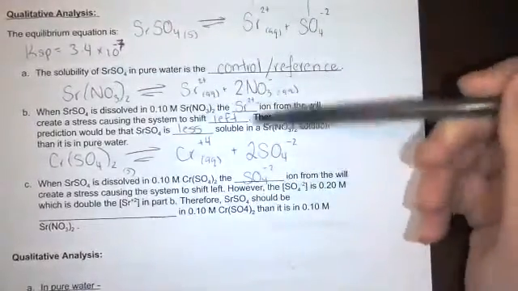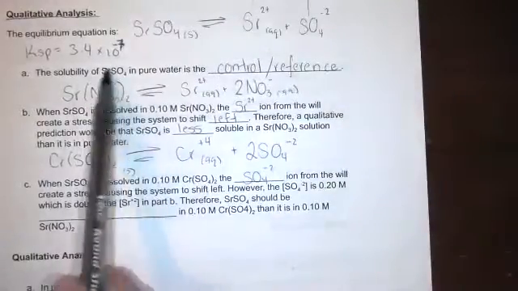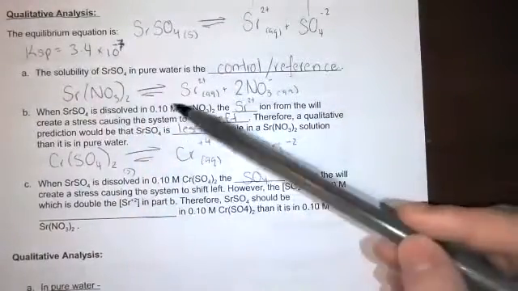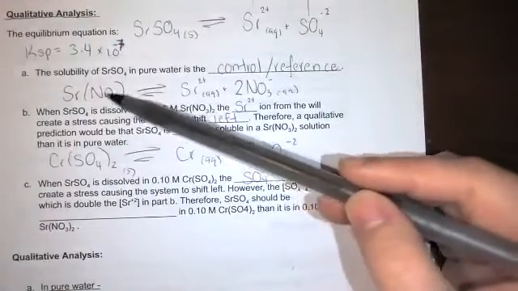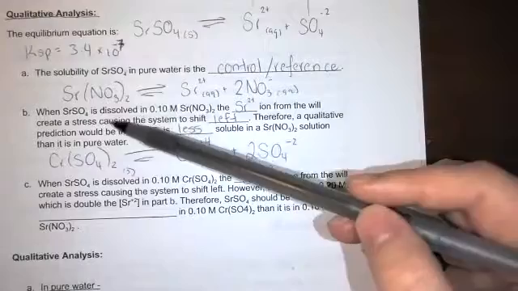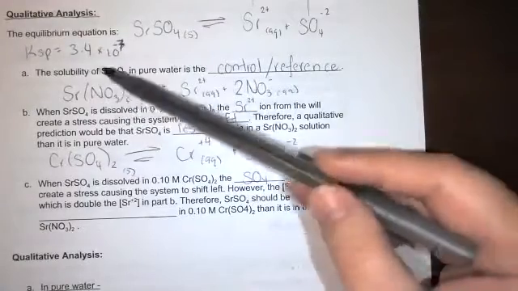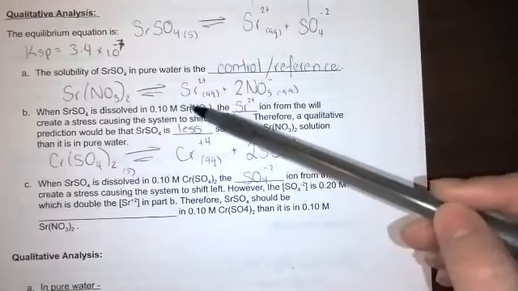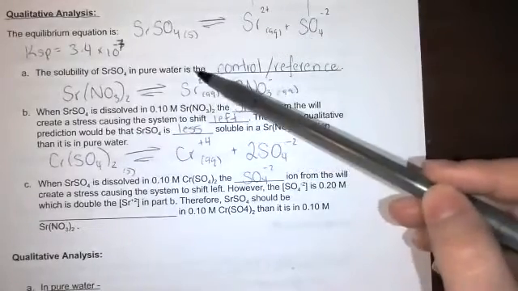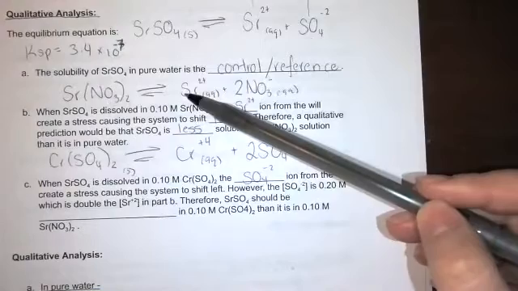However, how is it going to decrease compared to my strontium nitrate? Well, for both of these, I have a 0.1 molar solution. So let's look at my coefficients here. If I had 0.1 molar of strontium nitrate, that means I'm adding to this above solution 0.1 molar strontium ions. This is a 1-to-1.